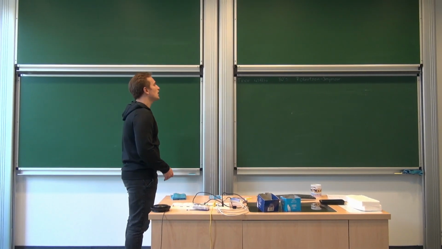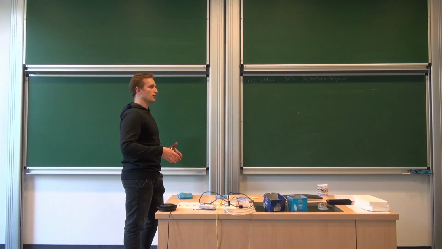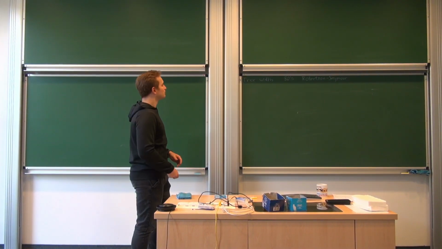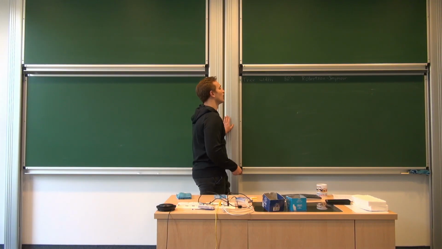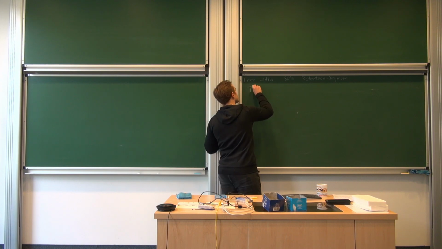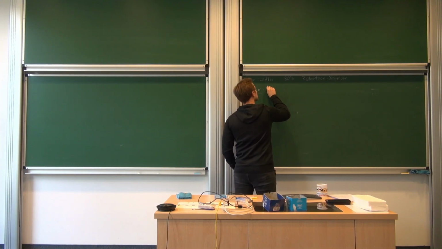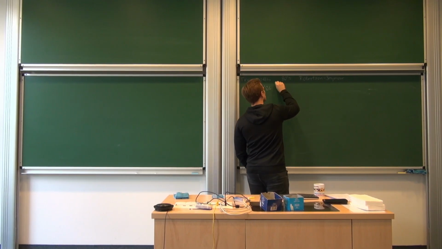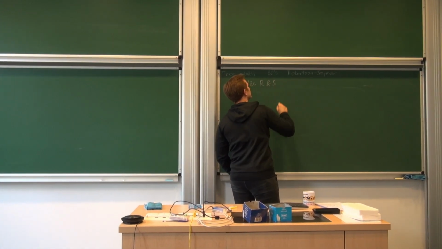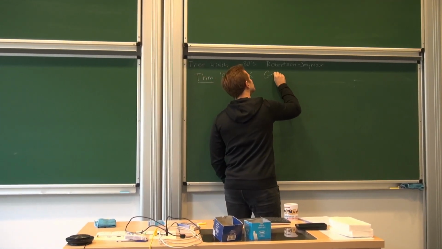In particular, I think that the theorem that captures this parameter in the most succinct way is the grid theorem. I have written down here that this is from 1986 by Robertson and Seymour, the grid theorem.